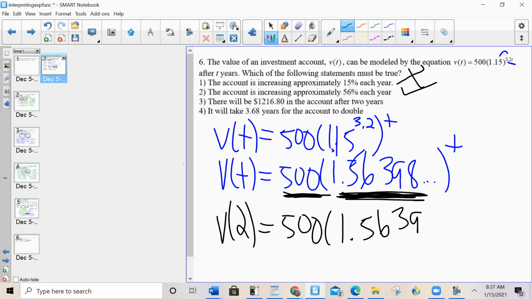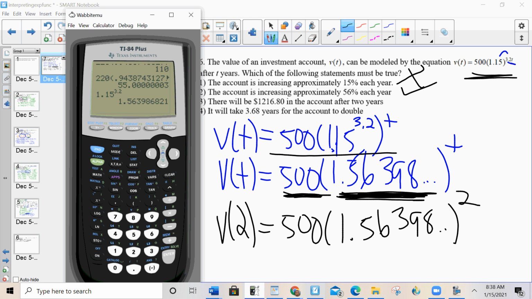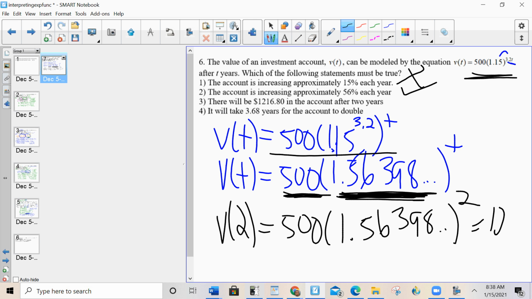So I'm putting in 2 here, 500, copy this thing to the power of 2, and I get 1223.03. That is close, but it is not close enough. Whenever I'm that close, I'm like, well, is there a rounding error? But no, it's not it.